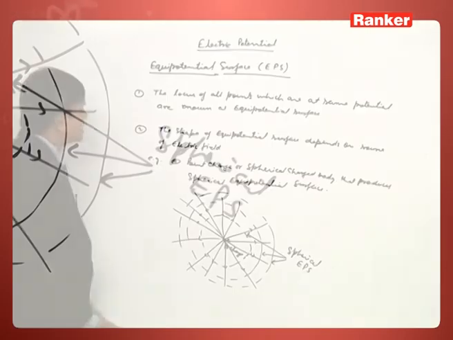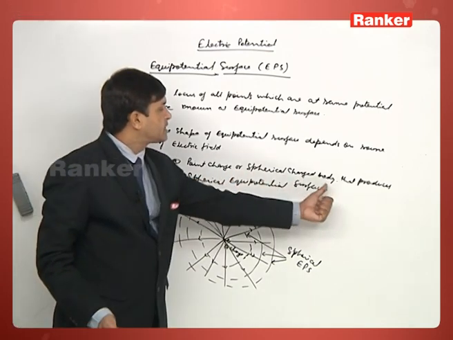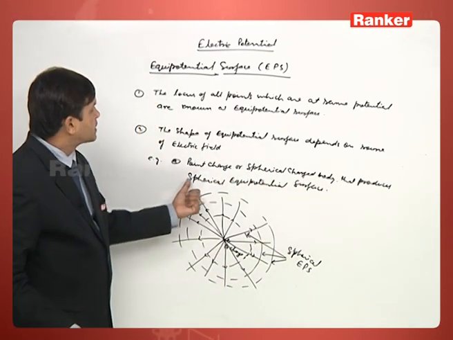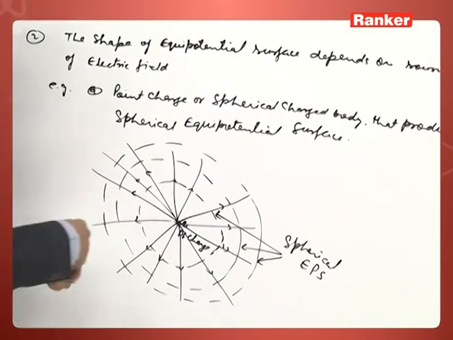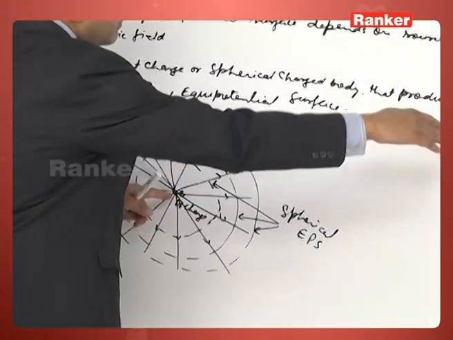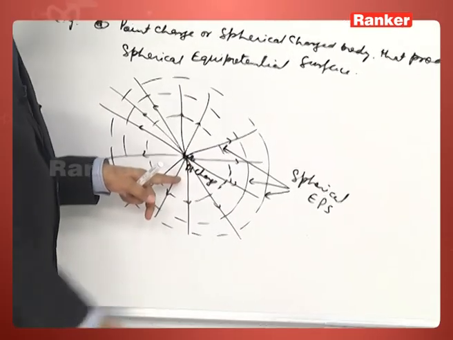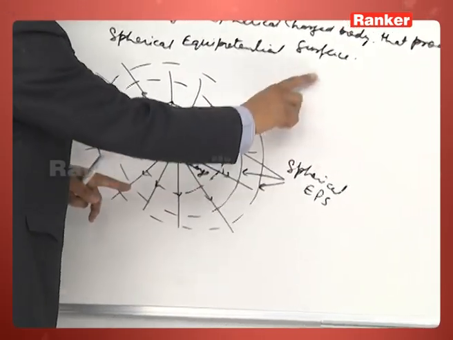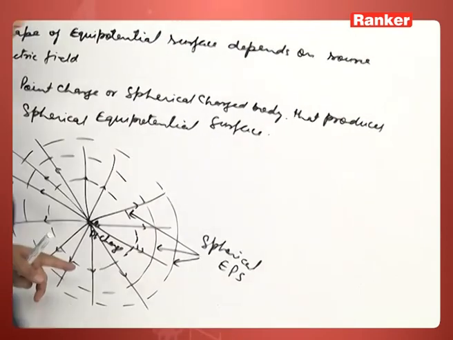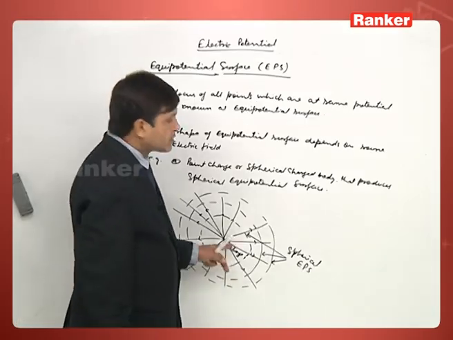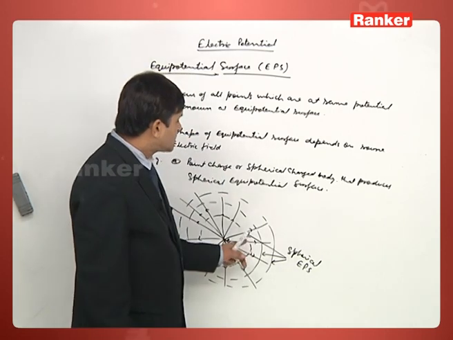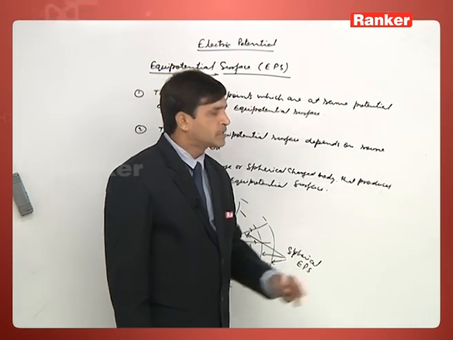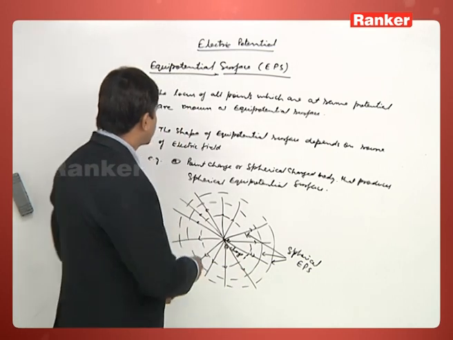A point charge or spherical charge body produces a spherical equipotential surface. Similarly, if we go very far away from that point charge, the radius of curvature of the spherical surface will increase. At infinity, the radius of curvature will be infinity, so that becomes just like a plane equipotential surface.